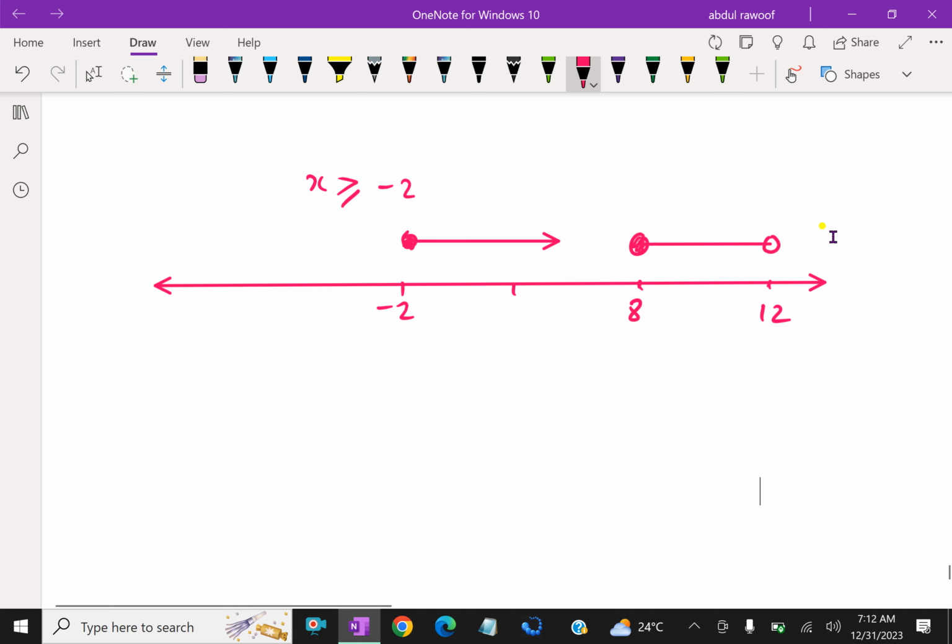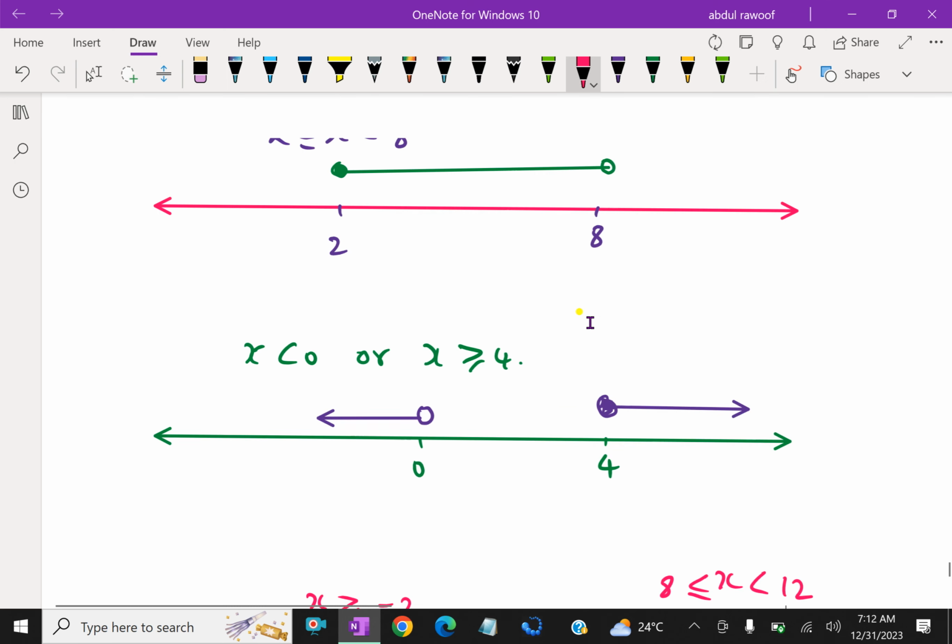How will you represent this? Here x is greater than or equal to 8 and less than 12. Means here 8 is included and 12 is not included, but x represents greater than or equal to 8 and less than 12. Like that, we can represent inequality in a graph and a graph in an inequality, vice versa.